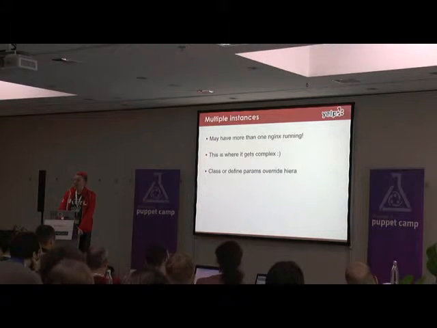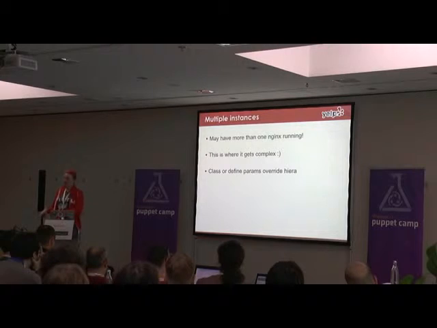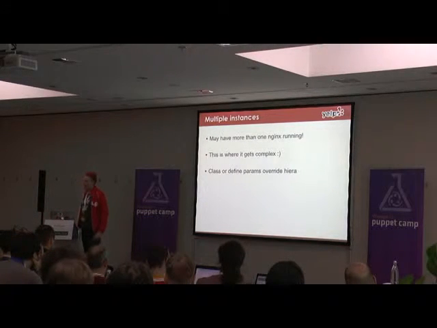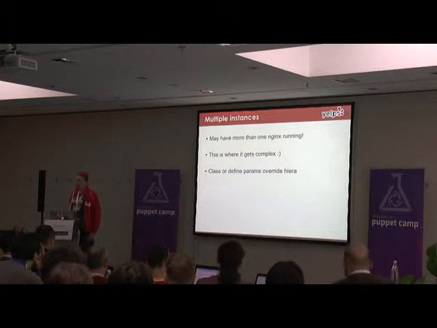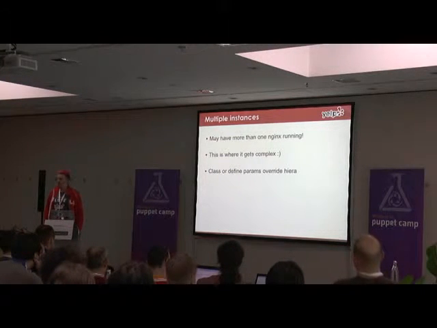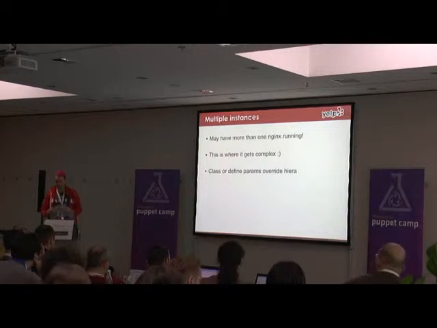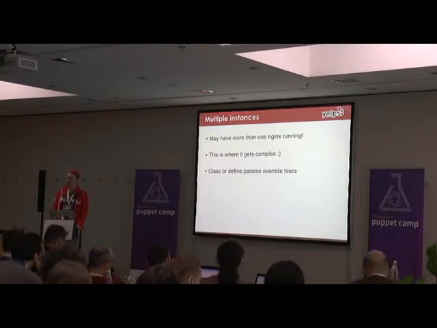So if you have code and you call a class or you call a define, that should always, always, always, always override anything that came out of here, because doing anything else is not what Puppet does in a standard way, and it's just going to confuse and hurt people.